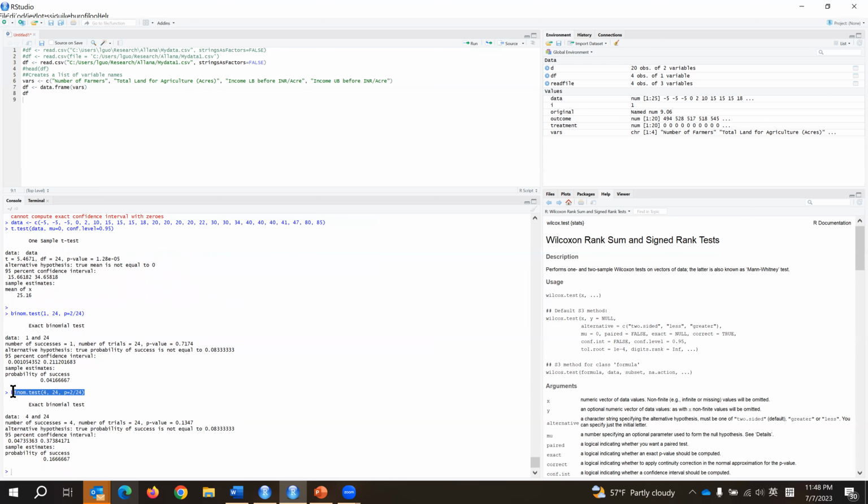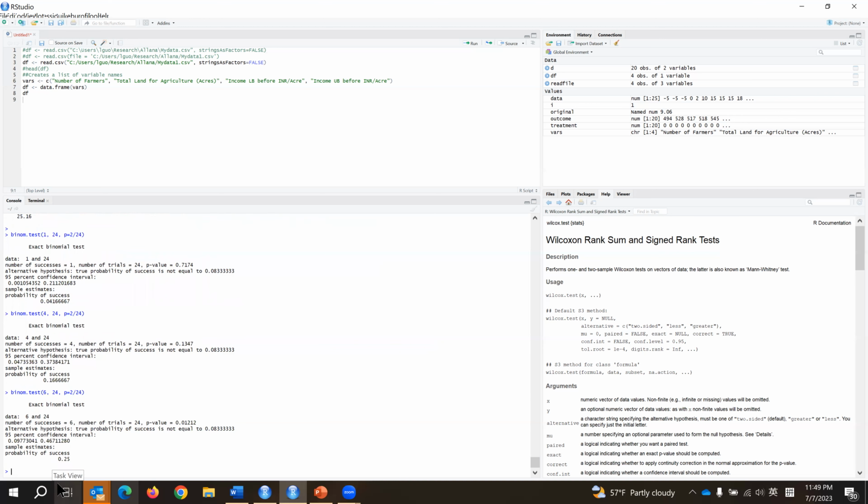Then we need to increase this x from 4 to, let's say, 6, and we get a lower p-value this time, right? And this confidence interval just does not contain 0.5, which means 6 is still small.